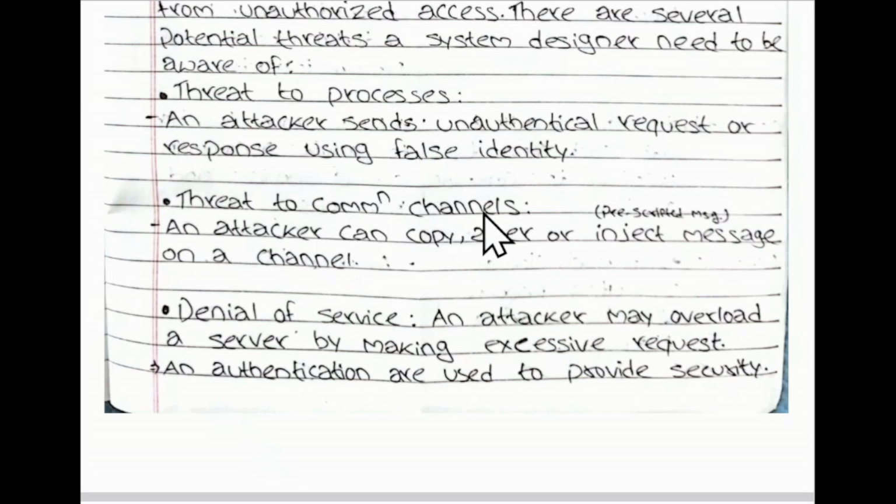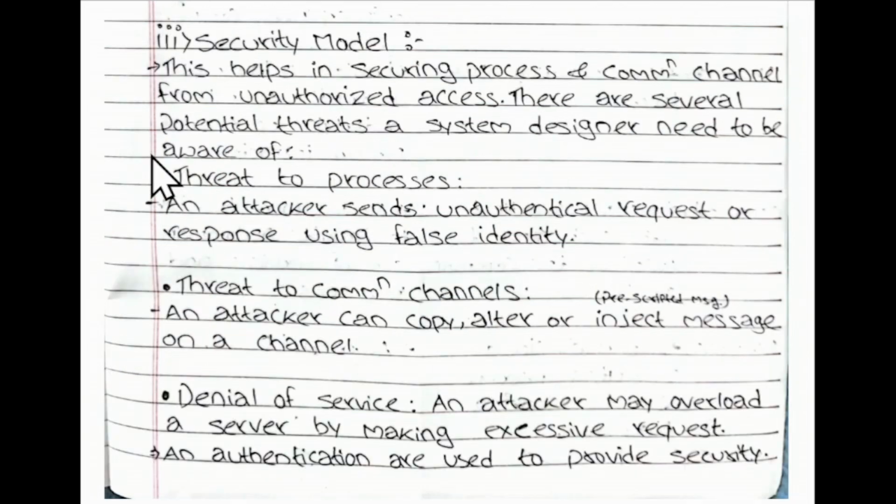Threats to communication channel. An attacker can copy, alter, or inject messages on the channel. Denial of service. An attacker may overload a server by making excessive requests. These things can be protected by using authentication.